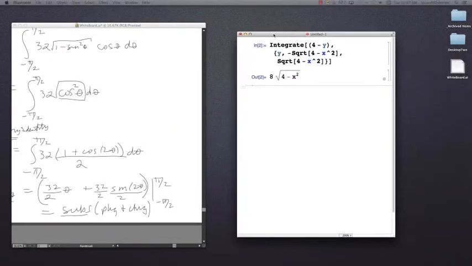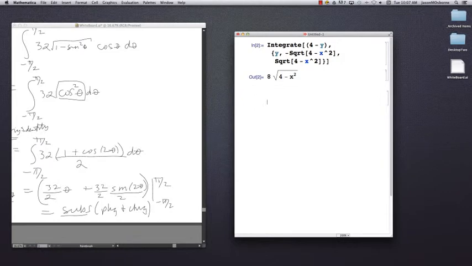double check your answer with Mathematica. Okay. I would integrate 32 times cosine of, we'll just call it x, squared, and let's integrate x from negative pi divided by 2 to pi divided by 2.